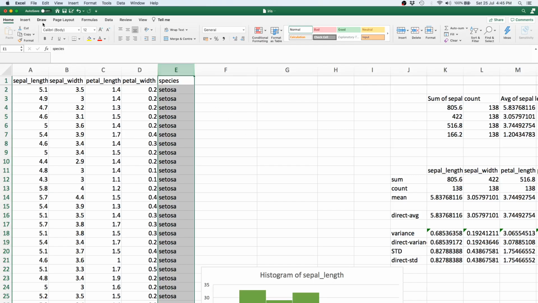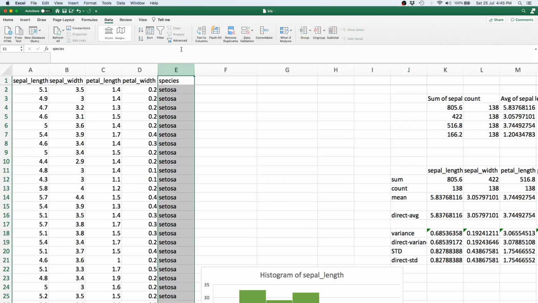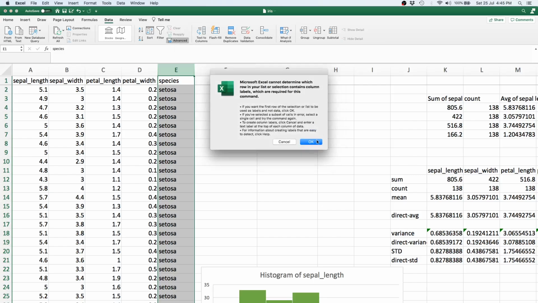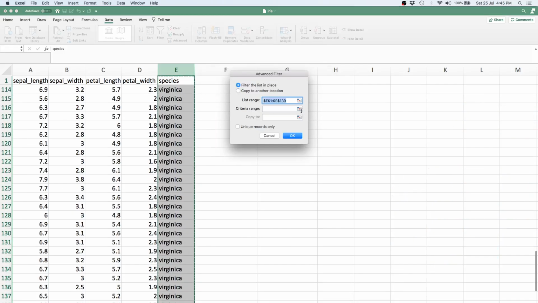So what I can do then is go to the Data tab and I can say that I want to do an advanced filter. When I click on the advanced filter, you'll get this warning, but that's okay. You'll see that you get this window which will let you specify what sort of filtering you want. So let's say that I don't want to filter the list in place, but I want to copy the output to some other location.